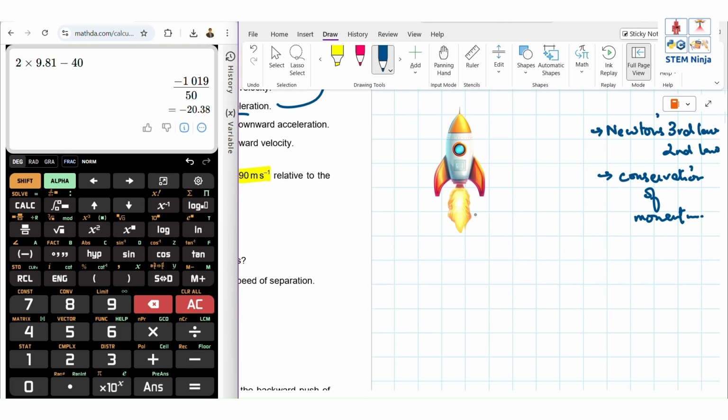So what is happening over here is that as the rocket expels gases, it exerts a downward force on the atmosphere, air, and as a result, the air or the gases actually exert an upward force, which we call thrust upwards. So the force the gases exert on the rocket is upwards thrust.